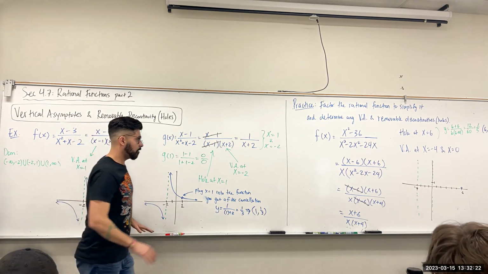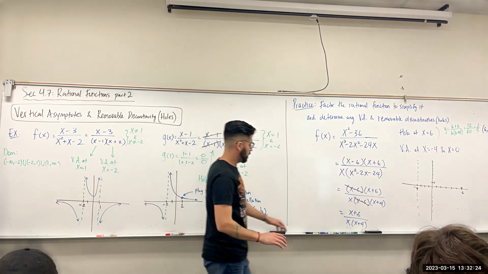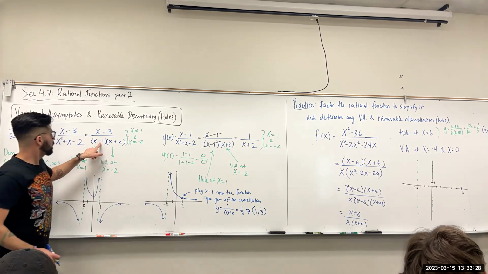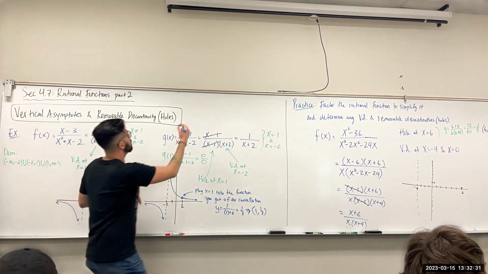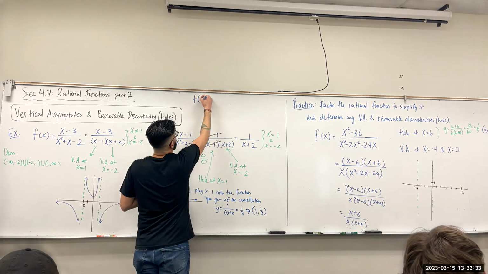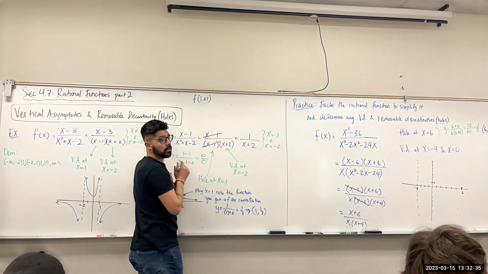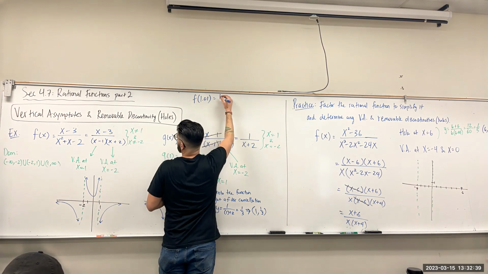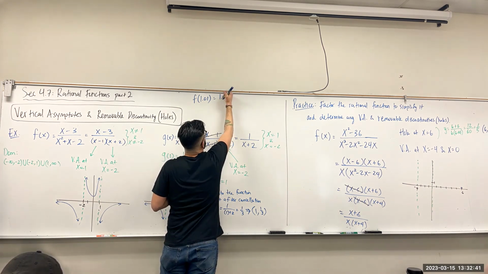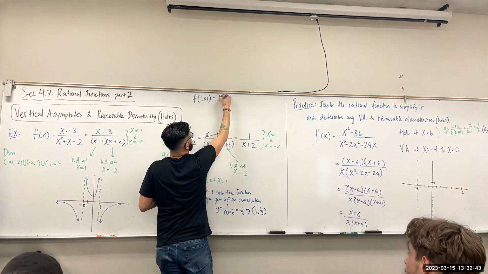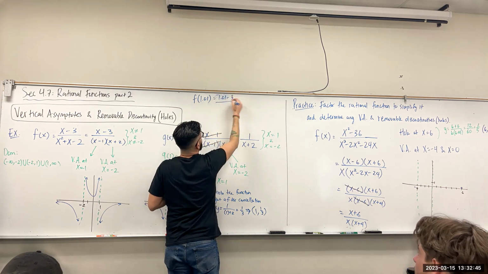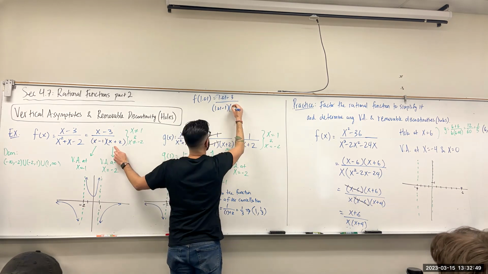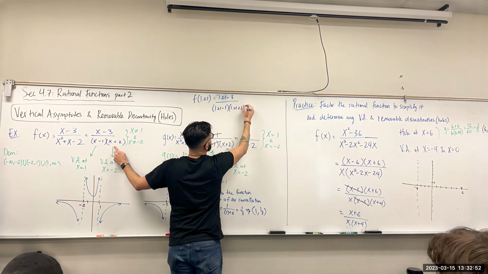Let me just write it over here. Let's plug in 1.01, really, really close to 1. So I'm going to get 1.01 minus 3 over 1.01 minus 1, and then 1.01 plus 2.